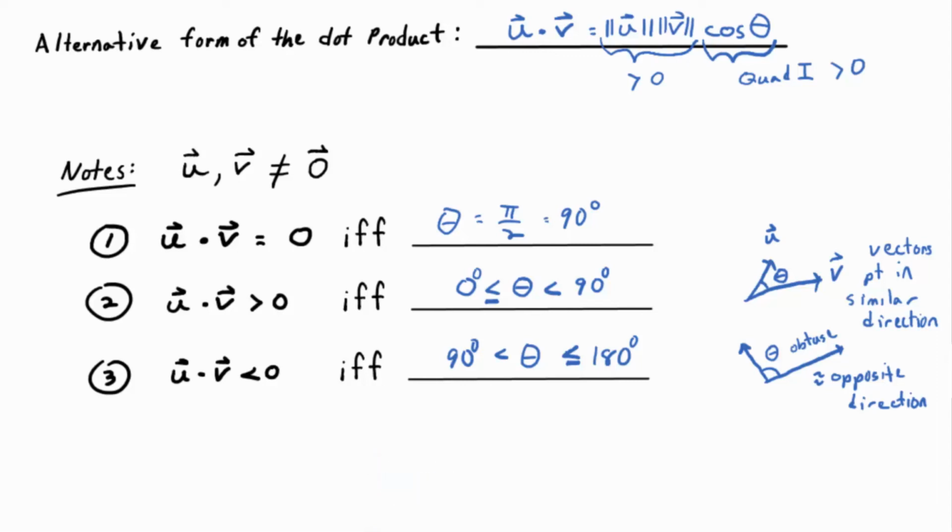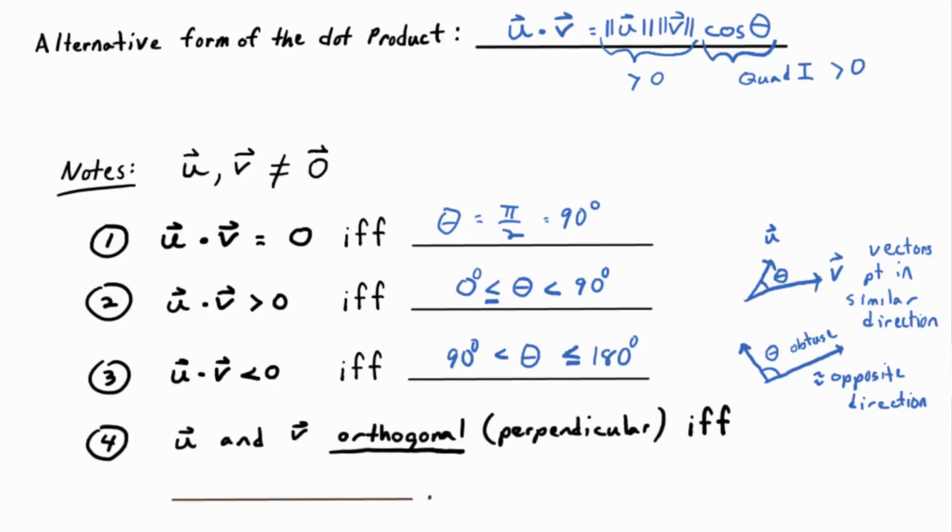So just to emphasize then, u and v are orthogonal. Have we talked about the word orthogonal? U and v are orthogonal, which means, well, I have it written here, perpendicular, if and only if, well, it's already written in statement number 1, right? If and only if u dot v is equal to 0. So I'm kind of repeating myself there, but it's important to use the terminology orthogonal.